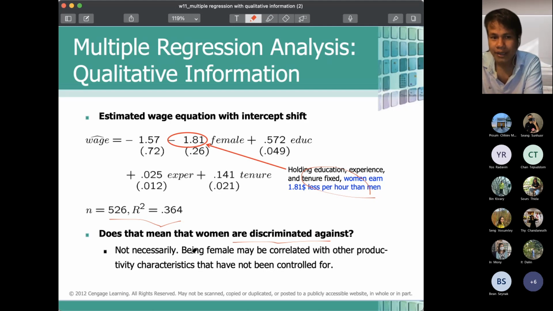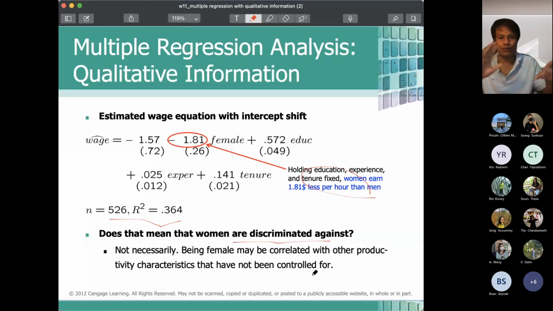Not necessarily. Being female may be correlated with other productivity characteristics that have not been controlled for. It may also be correlated with the nature of the job, right? Men tend to work more in heavy jobs, for instance, labor-demanding jobs.